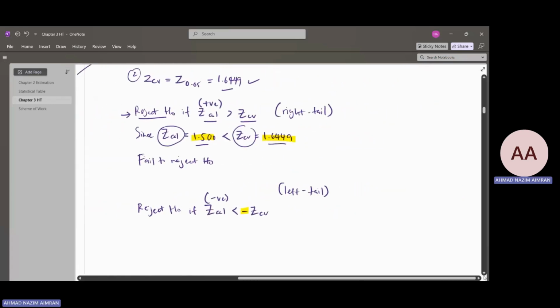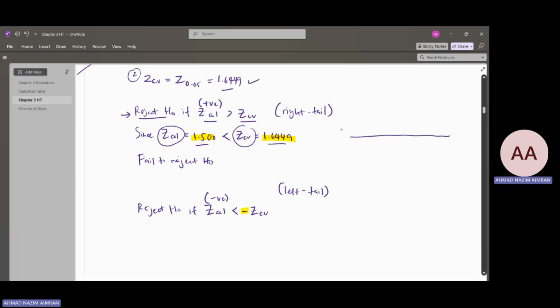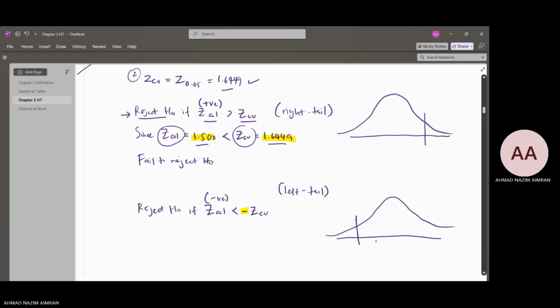I would like to give you more detail by using a figure. So this is again the right tail test, right? So let's say this is the right tail test, and this is the left tail test.